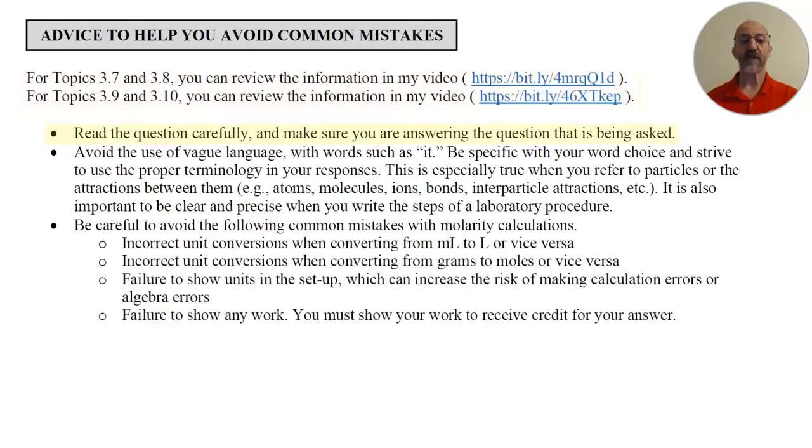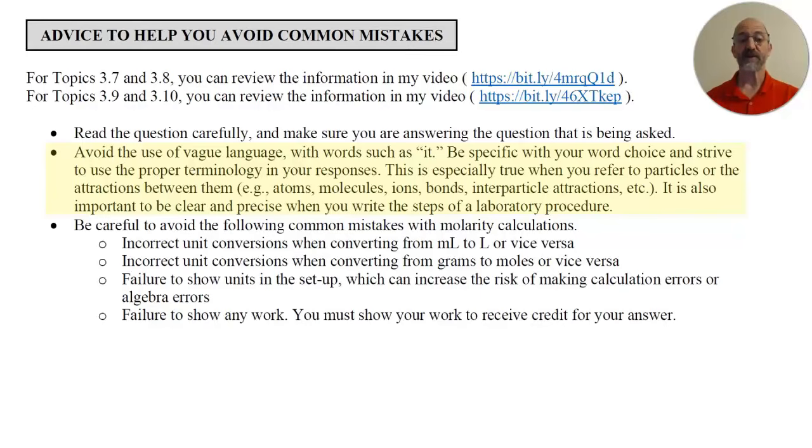I will mention what I normally mention during this part of the lesson, and that is read the question carefully and make sure you are answering the question that is being asked. Now, avoid the use of vague language with words such as it. Be specific with your word choice and strive to use the proper terminology in your responses. This is especially true when you refer to particles or the attractions between them.